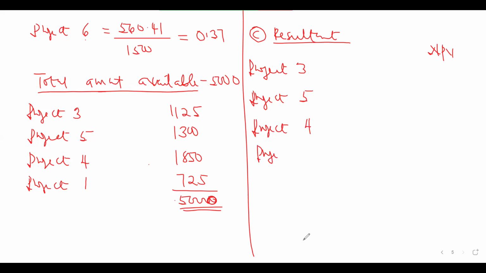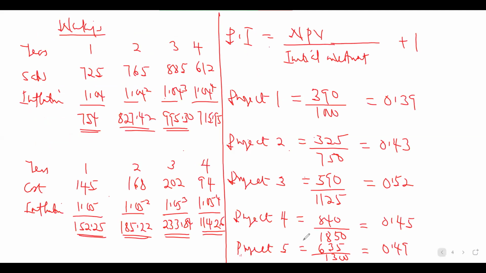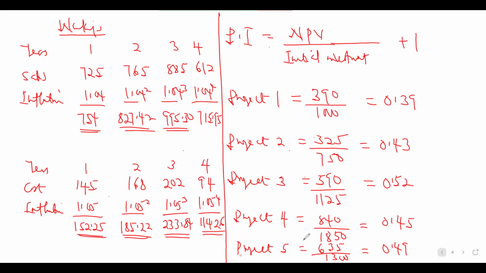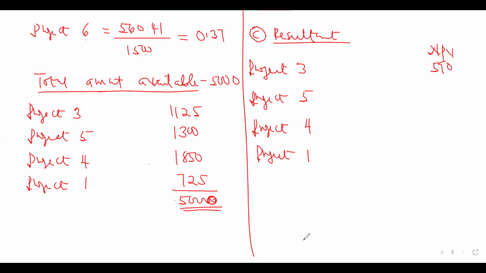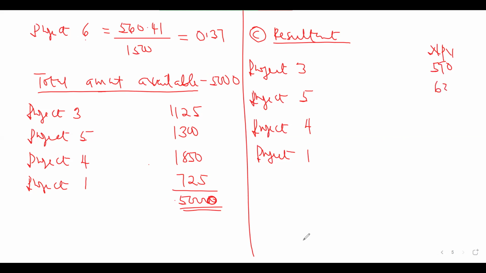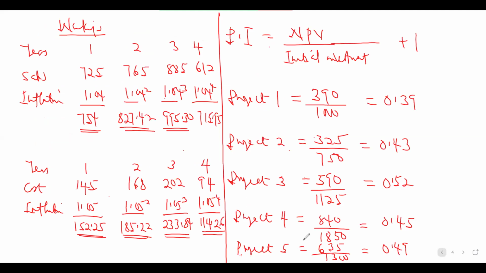Project 1, we are undertaking it partially. So the NPV for project 3 will be 590. Project 5 is 635. Project 4 is 840.